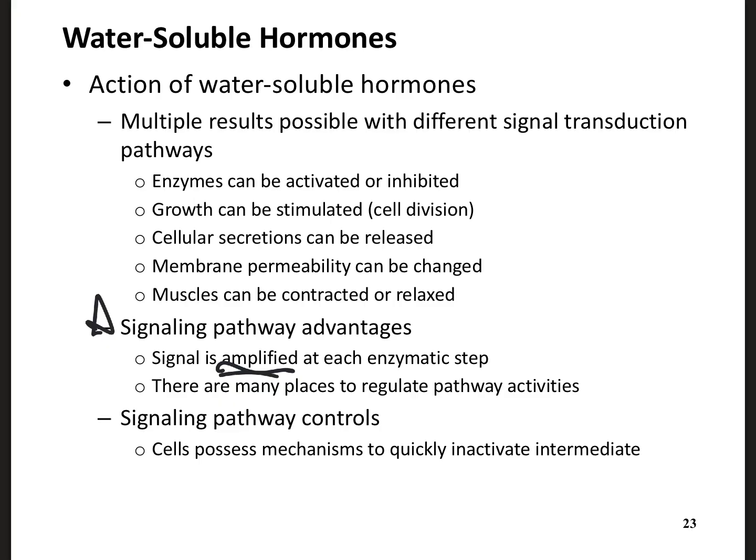Well, bones grow, we reduce fat, muscles grow, right? Those are all different responses. And the cell responds to that growth hormone in multiple ways because of the amplification and diversification of the signal, okay? And it also allows for very intricate control of the signal itself. We can shut it down really quickly if we stop the second messengers.